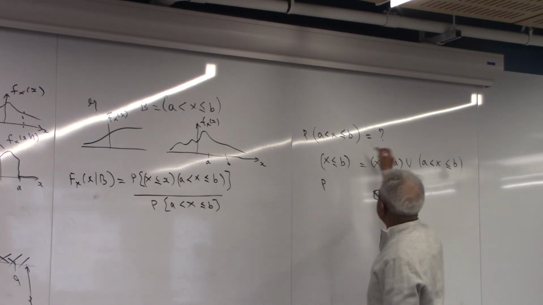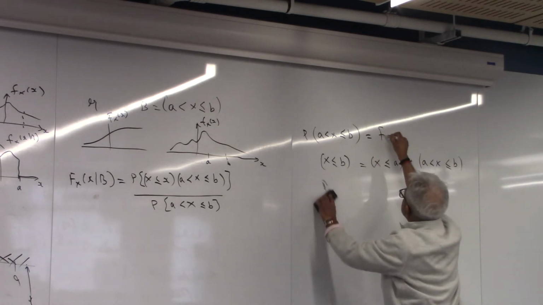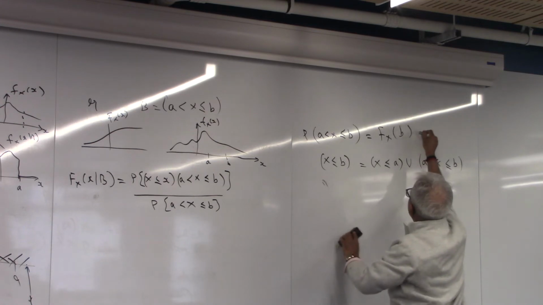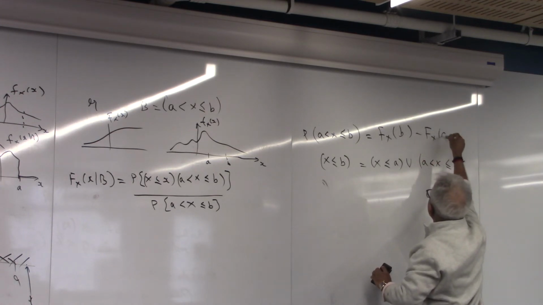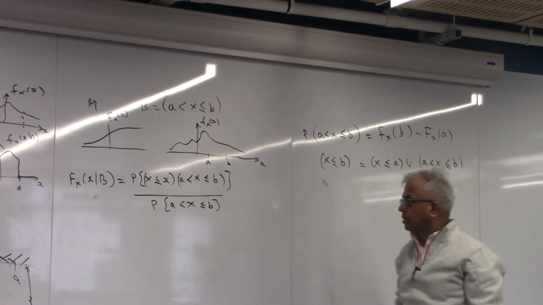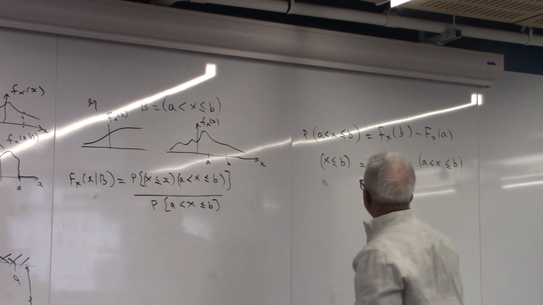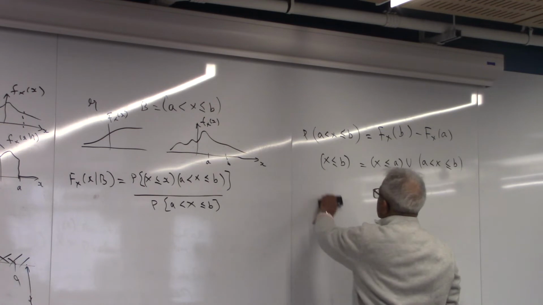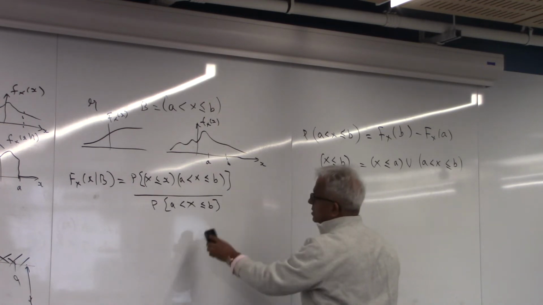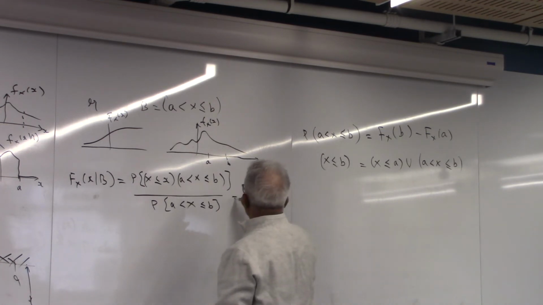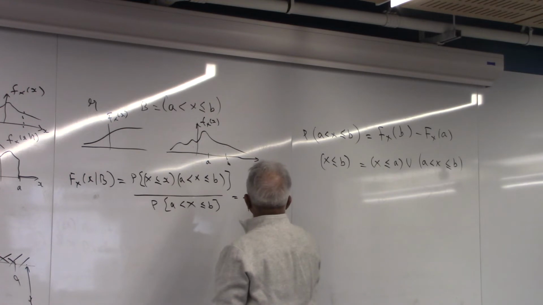So the probability of this is going to be F_X of b minus F_X of a. So that's the denominator: F_X of b minus F_X of a.